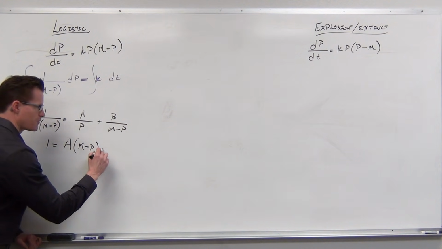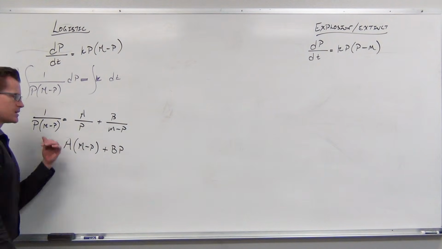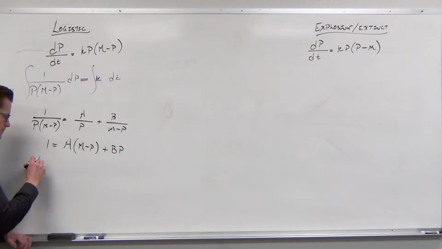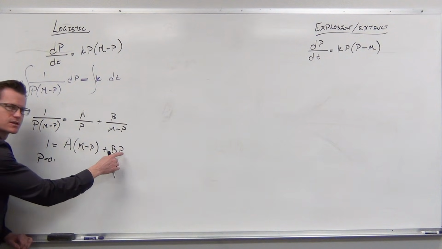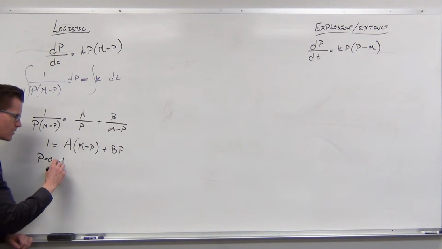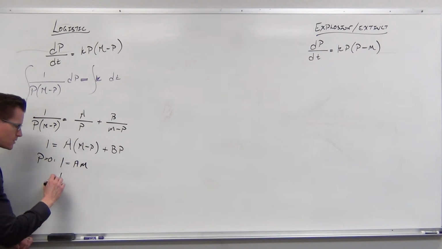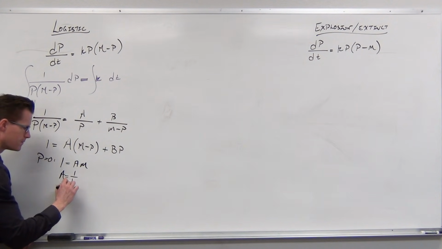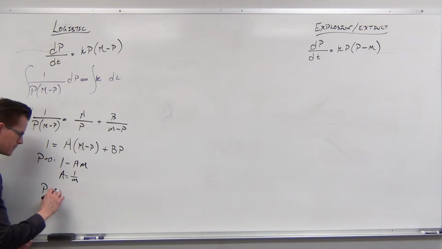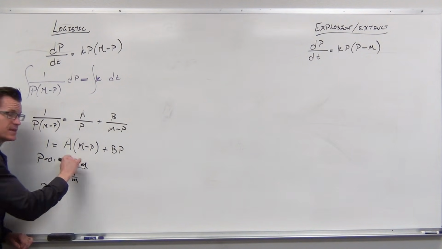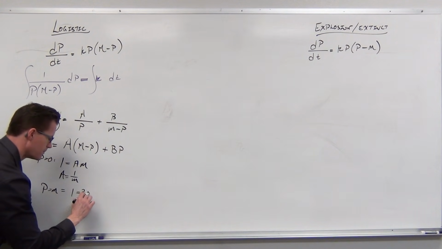Might have been a long time for you. Plus BP. If I let P equal 0, then if P is 0, that's 0. This would be A, 1 would equal A times M. And so A would equal 1 over M. And if P equals M, this would be 0, this would be M. 1 equals BM.